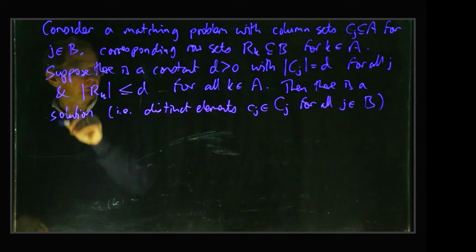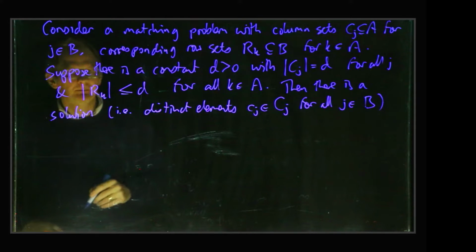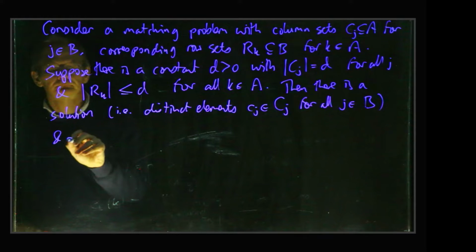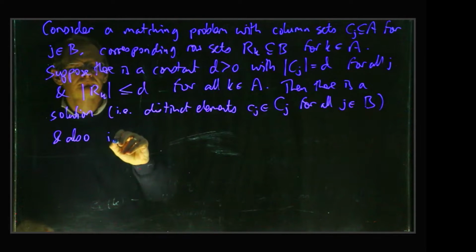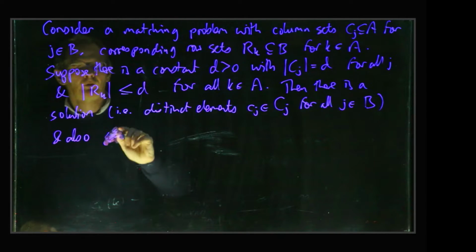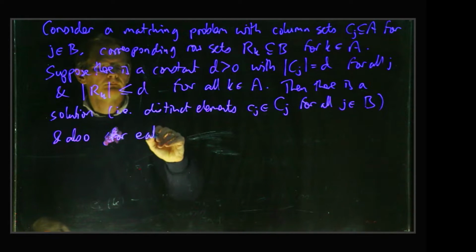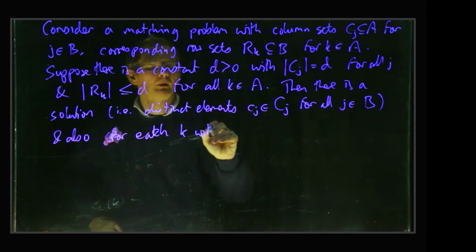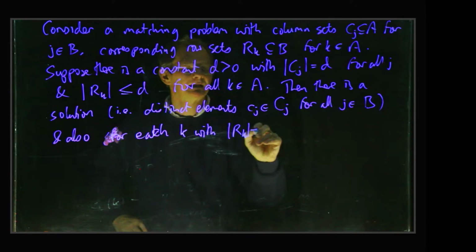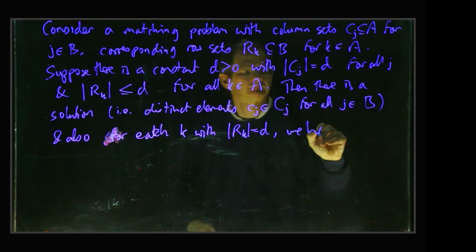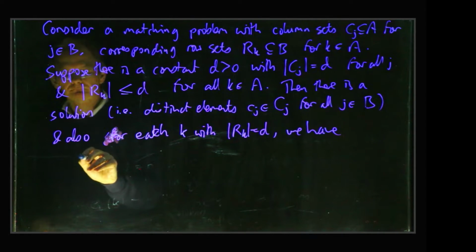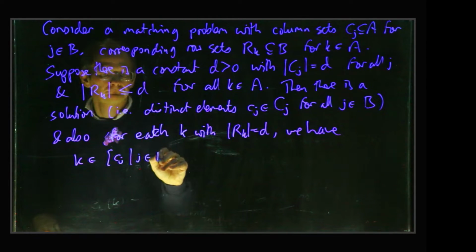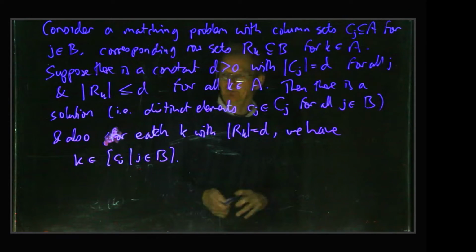But we had this application in which there was this auxiliary condition: for each k with size of R_k equal to d, k appears as one of these things.